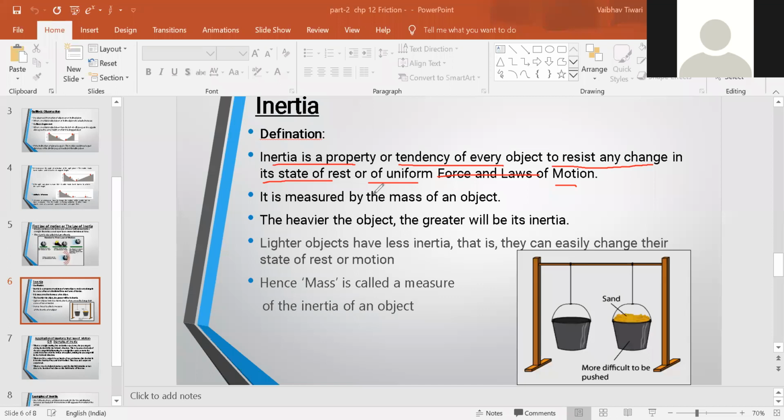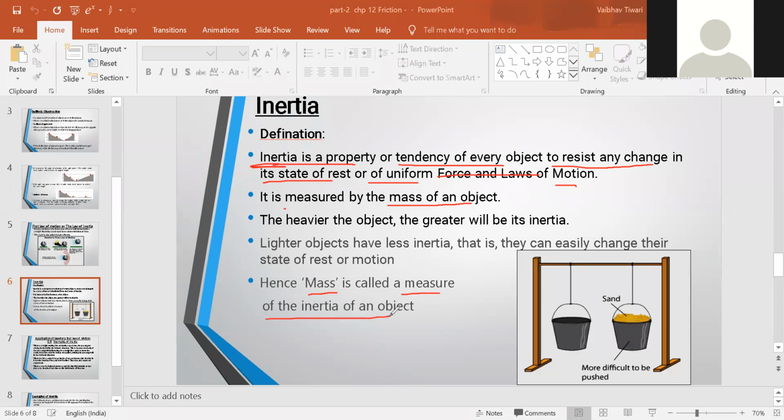But first let us discuss on what factor inertia depends. Inertia generally depends on the mass of the object. Hence, mass is also called the measure of inertia of an object.